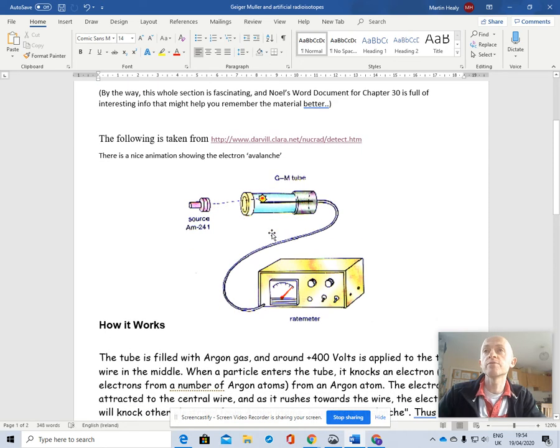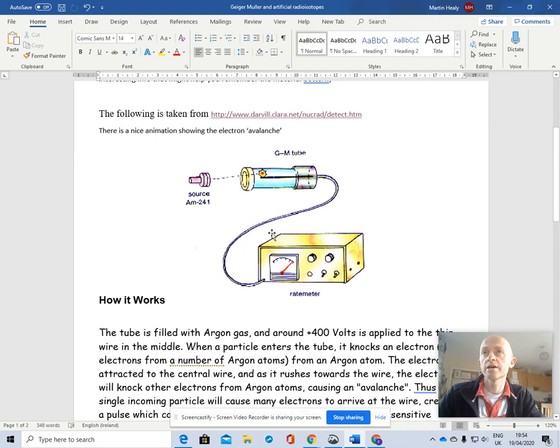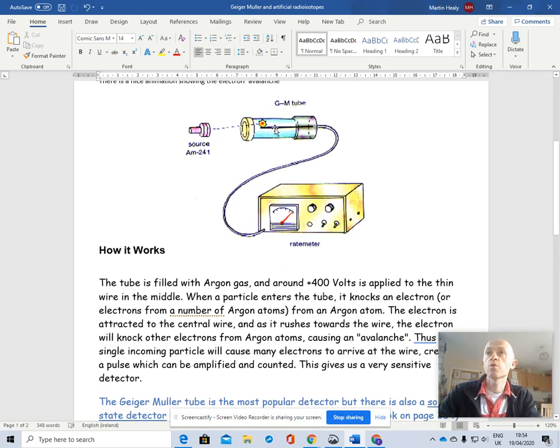In a GM tube, the gas is argon gas. So what happens is a radioactive source like an alpha particle passes through the thin mica window, crashes into the argon atoms and ionizes them, which essentially means it knocks the electrons off them. Thus you have positive ions and electrons, and the electrons that are knocked off the atoms will charge towards the anode, which is at a very high voltage, typically 400 volts.